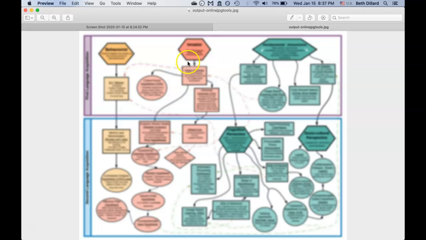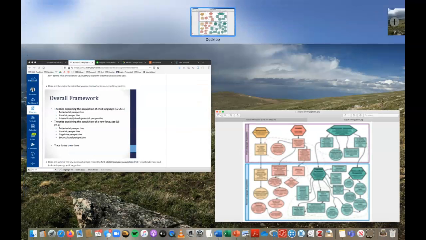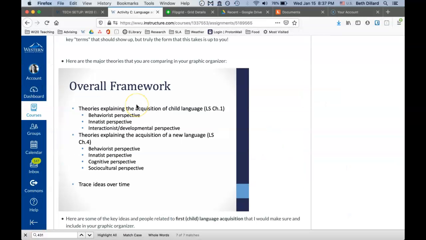And they did the same thing for innatist. So innatist begins up here, talks about some of the people and the ideas that defined it in terms of first language acquisition, and then connected it forward in time to the way those theories manifested and changed and shifted when they were applied to second language acquisition. So that's one way you might show these connections between the two, but also how they've shifted over time.